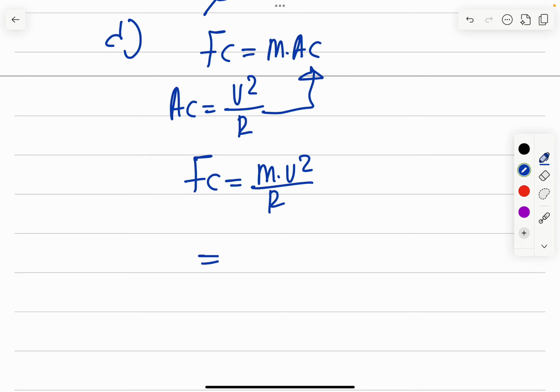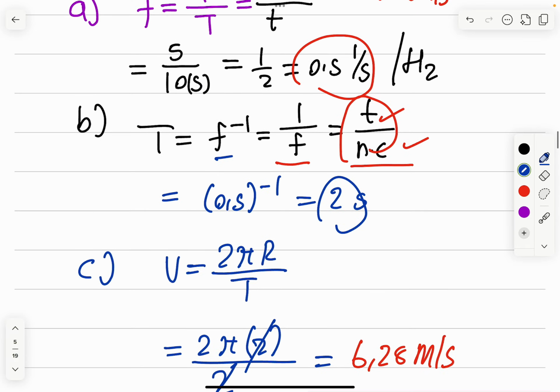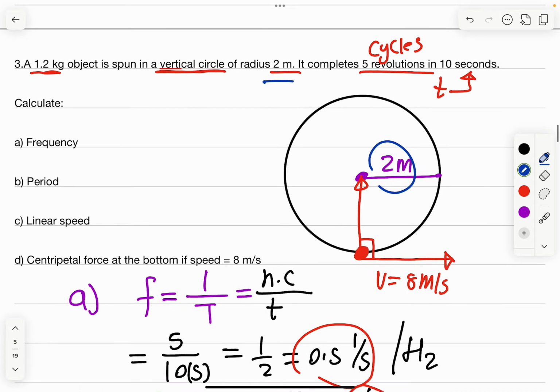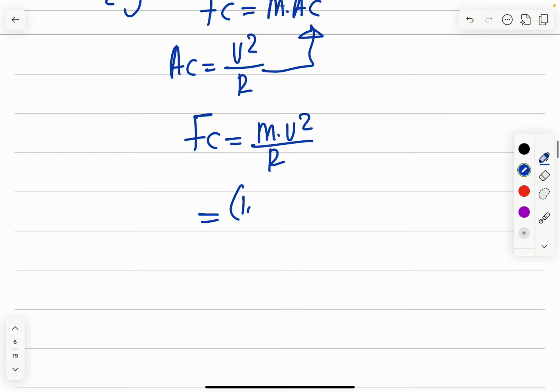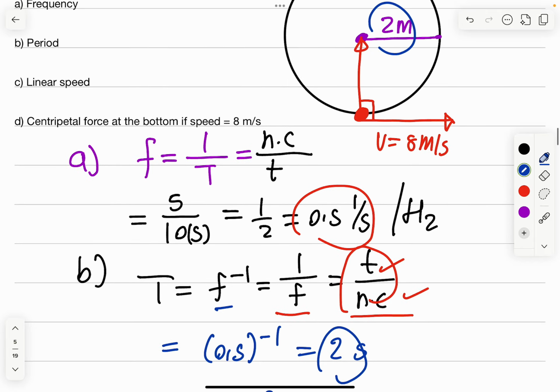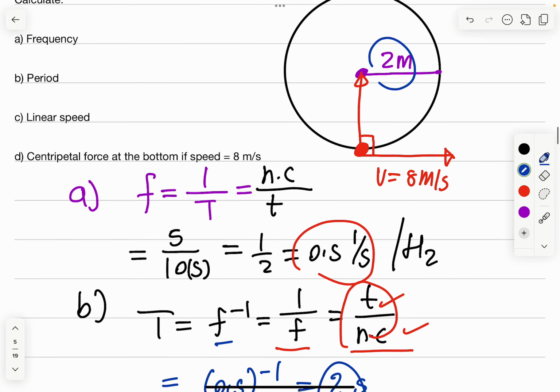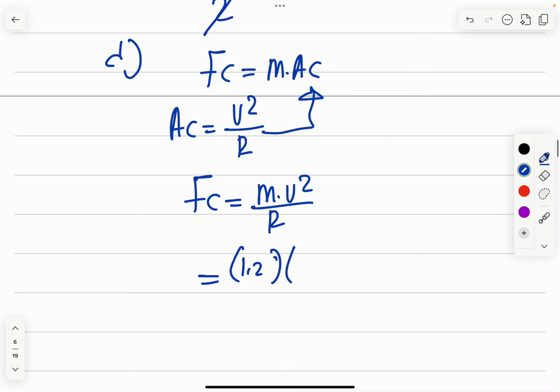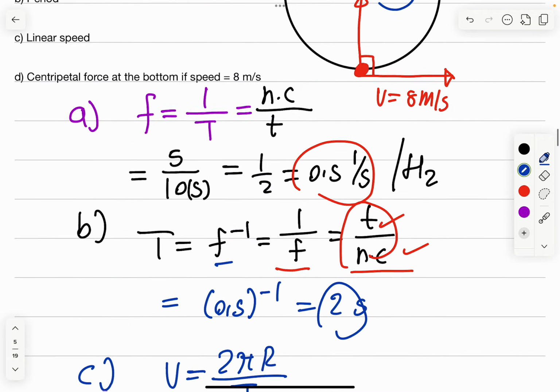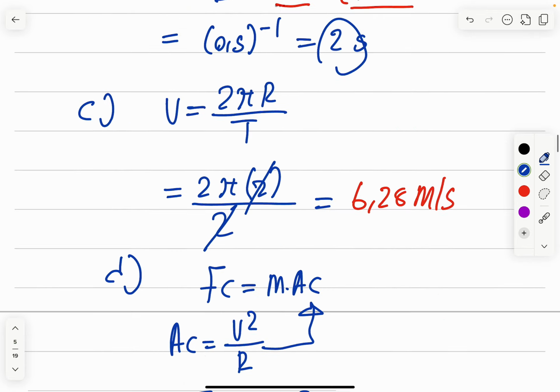What is the mass of that object? The mass of that object, we find it to be 1.2 kilograms. The velocity at the bottom is 8 meters per second. Understand? Which is 8 squared divided by the radius, which is 2. Yeah, the radius is 2.